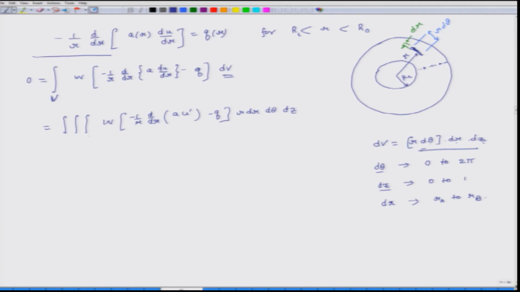So, my limits are Ra to Rb, 0 to 2 pi and 0 to 1.